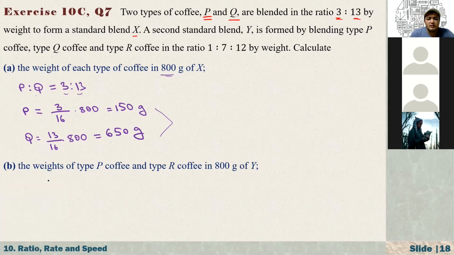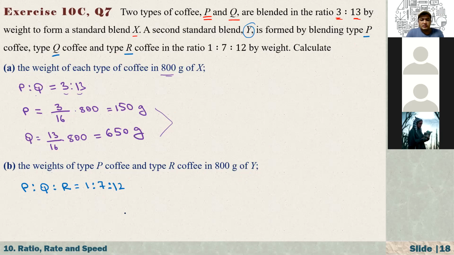Let me just change the color. The weights of type P coffee and type R coffee in 800 grams of Y. The second type is Y, and here we have type P, type Q and type R, and their ratio P to Q to R is given as 1 to 7 to 12.